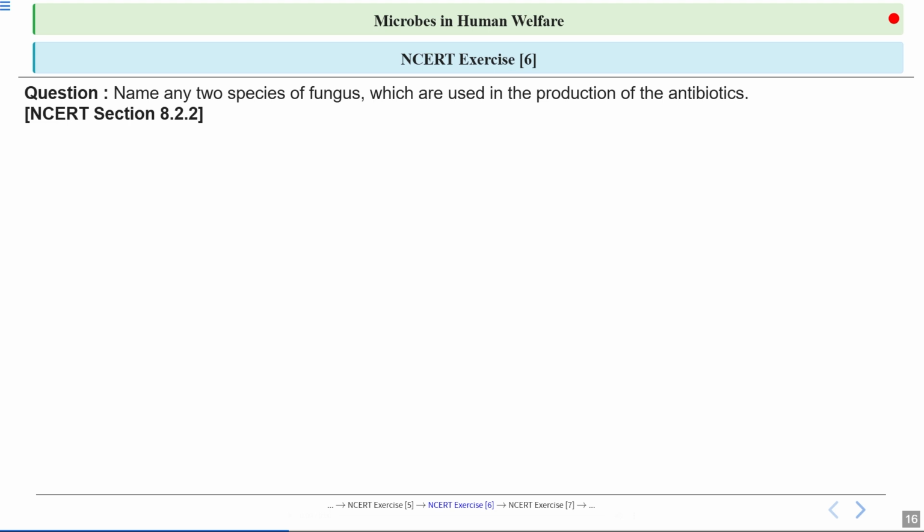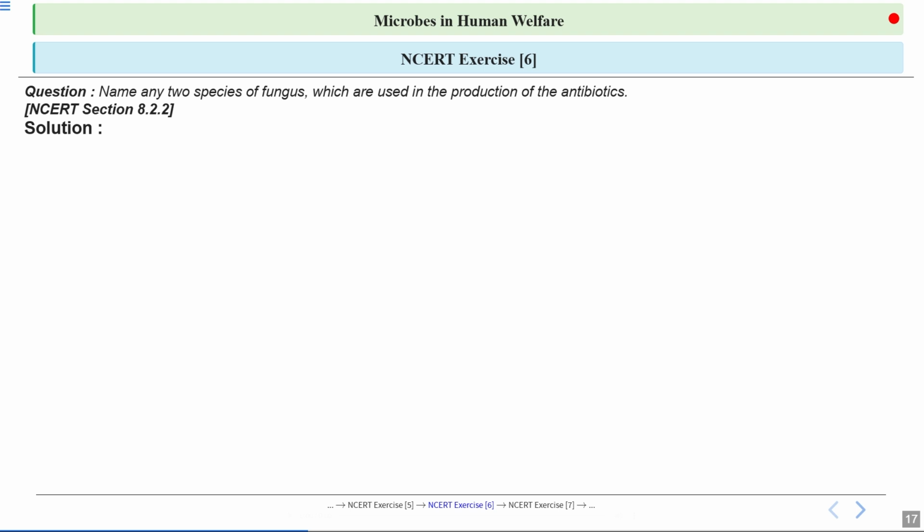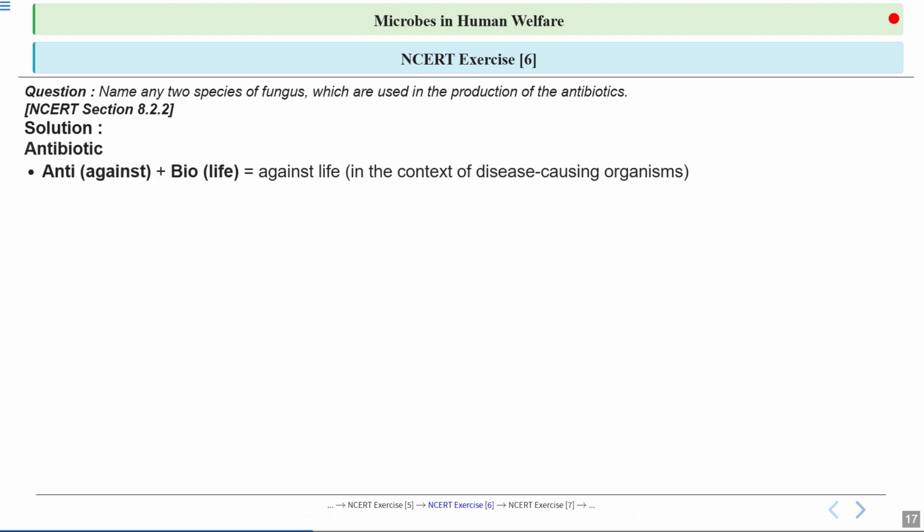Next question, name any two species of fungus which are used in the production of antibiotics. So let's have a look at the answer. What is antibiotic? Let's understand this word. Anti means against, bio means life, so against life.